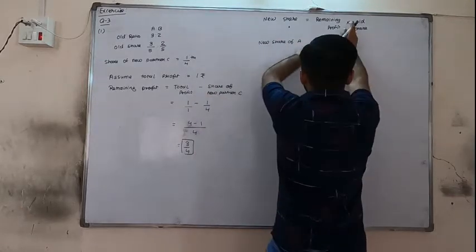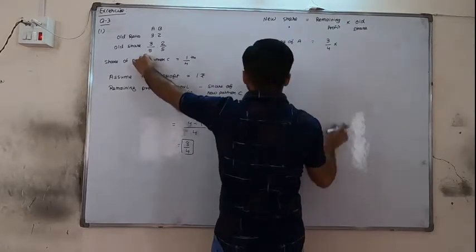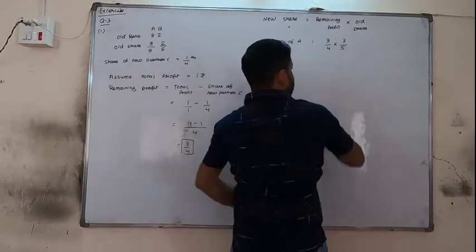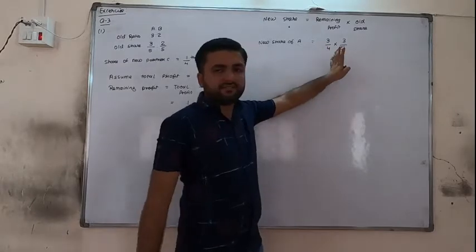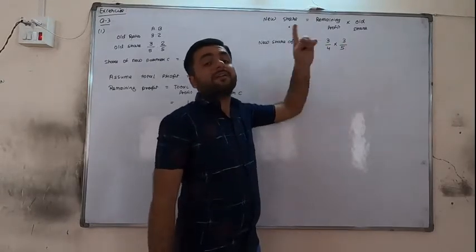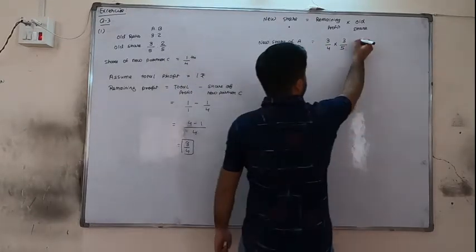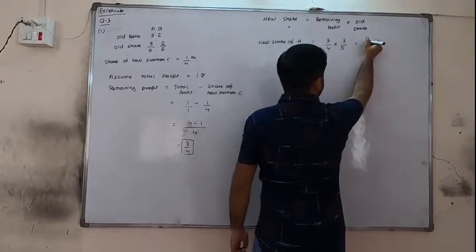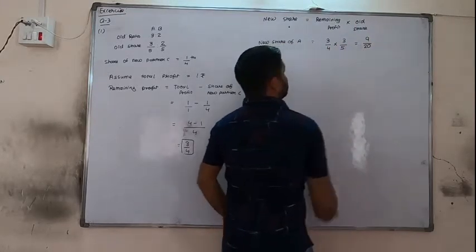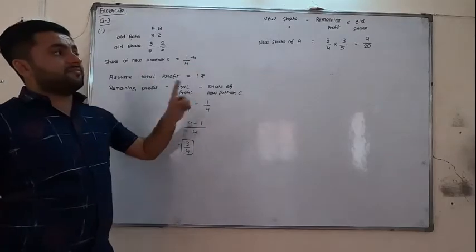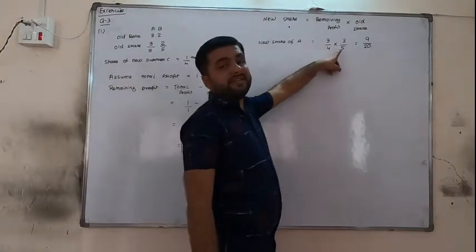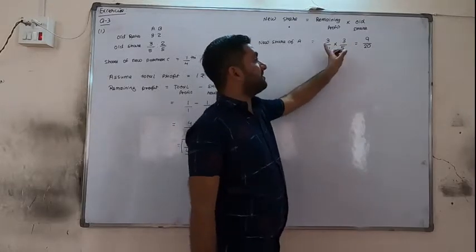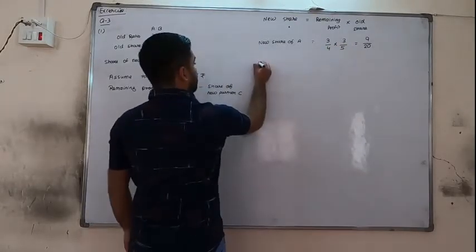Here it was minus, here it is multiplication. Old share of A is 3/5. See, for this type of sums, never cut the terms. Here it is not possible to cut the terms anyway, so multiply. 3 3s are 9, 4 5s are 20. When it is minus it is cross multiplication, but when it is multiplication, directly 3 3s are 9, 4 5s are 20.